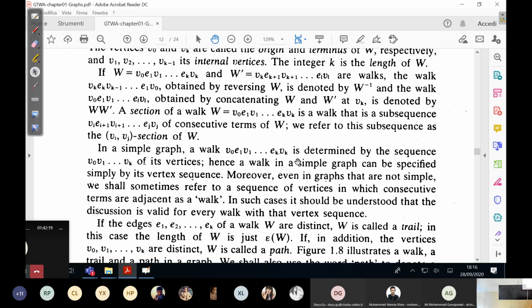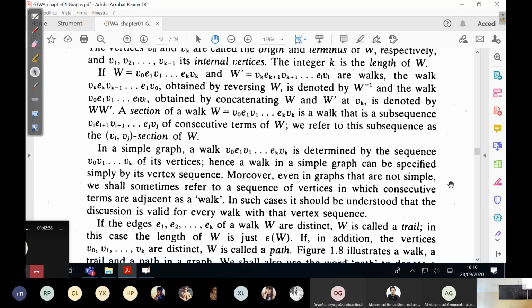So actually the walk is determined just by the sequence of vertices. And if we are in a simple graph, we'll always just write down the sequence of vertices just to write a little bit less without forgetting information.